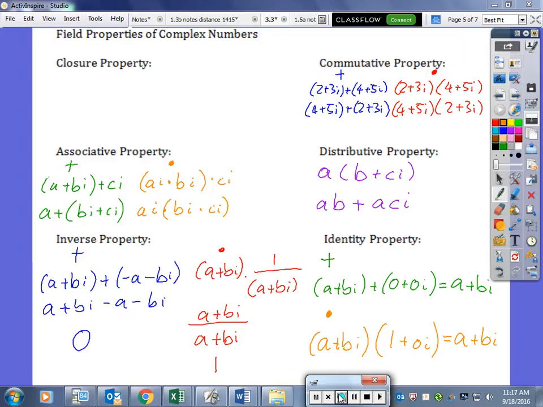Now let's get to the closure property. The closure property states that any operation on a complex number results also in a complex number. What that really means is, think about the real number system.